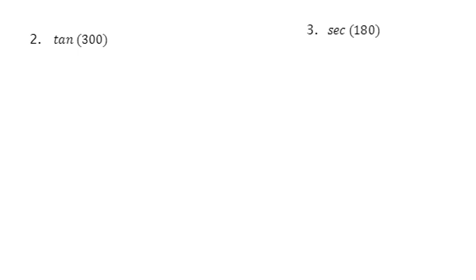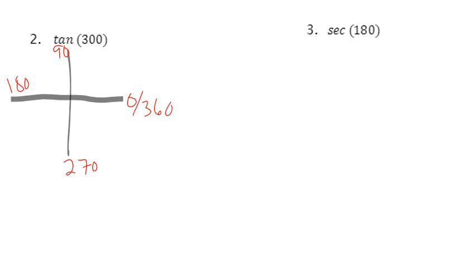The next example is very similar: I have the tangent of 300 degrees. I'm going to do the same thing. I have here 0, 90, 180, 270, and 360. 300 degrees is going to end up in quadrant 4.